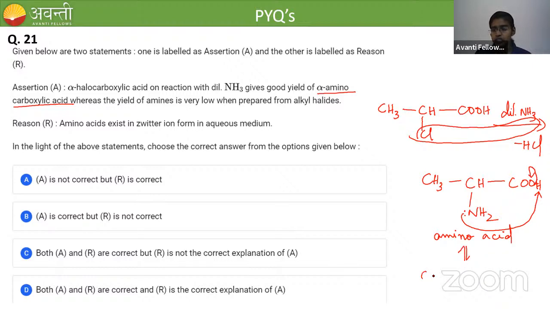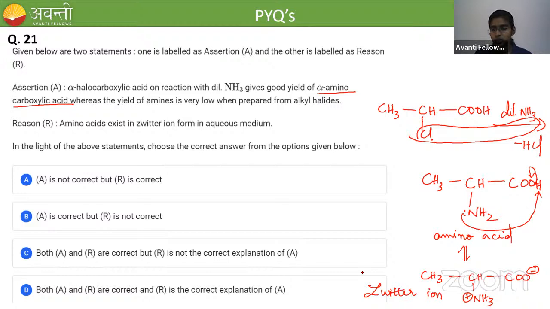So this particular structure will be in equilibrium with the other structure, which is shown on the screen: NH3 plus and COO minus. Since this structure has both positive and negative charges in it, it is called a Zwitter ion.